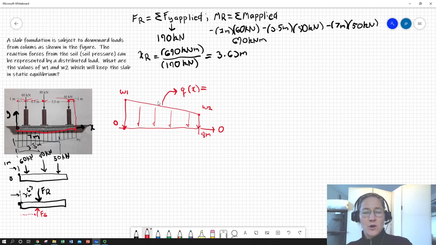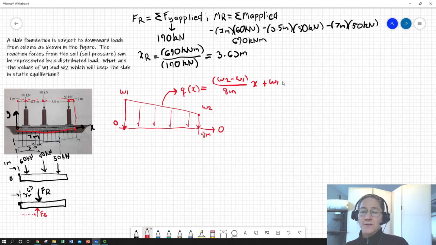So we could start with a slope and say W2 minus W1 over 8 meters times x plus, when x is 0, the load distribution is W1, so that's plus W1. So let's make sure if we plugged in x equals 8, we should get W2. 8 and 8, W2 minus W1 plus W1 is W2. Okay, so that's our load distribution.